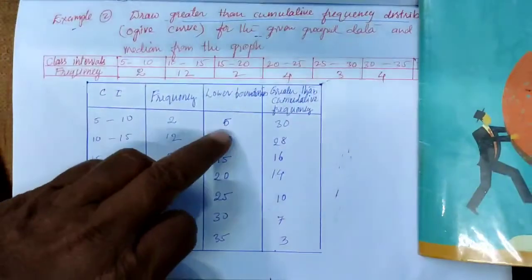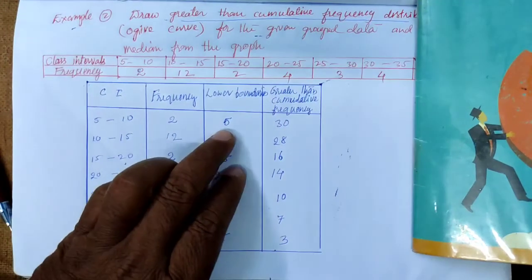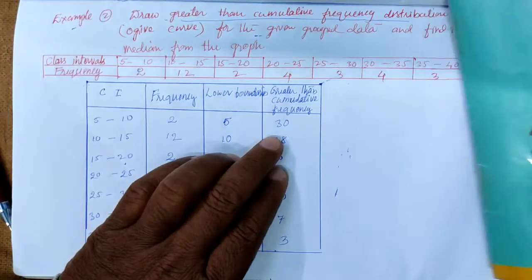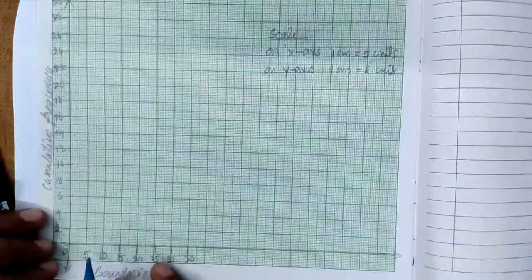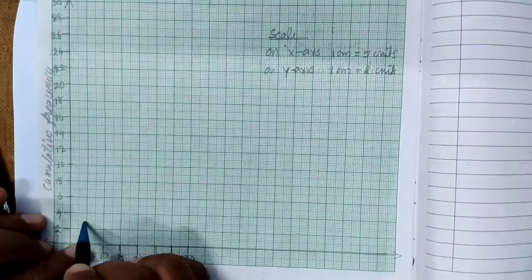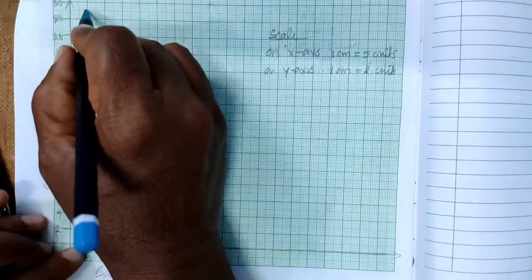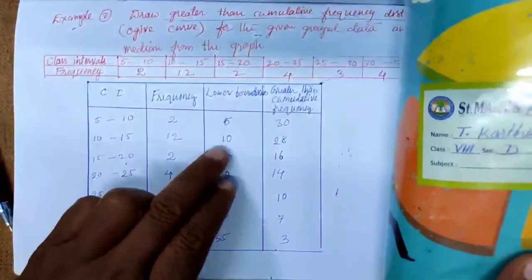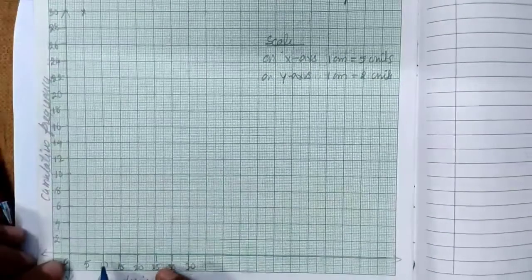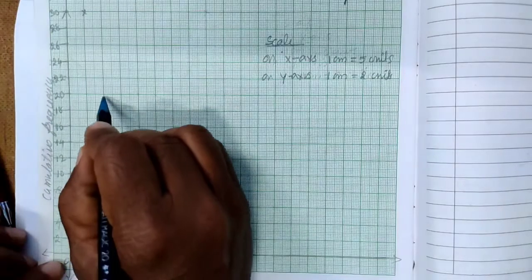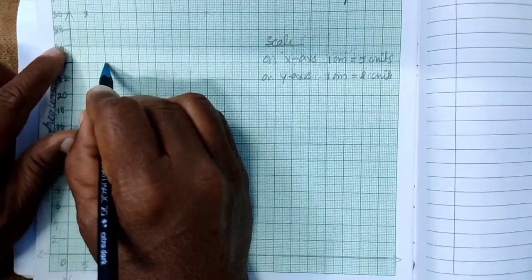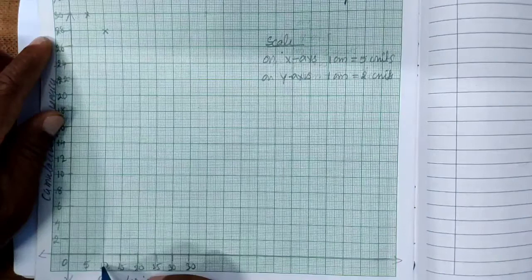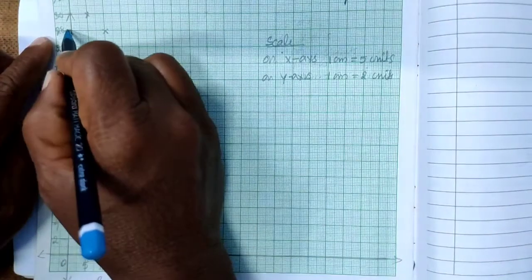The lower boundary is 5 and the greater than cumulative frequency is 30, so we locate 5 and 30. Now 10 and 28: this is the point representing lower boundary 10 and cumulative frequency 28.